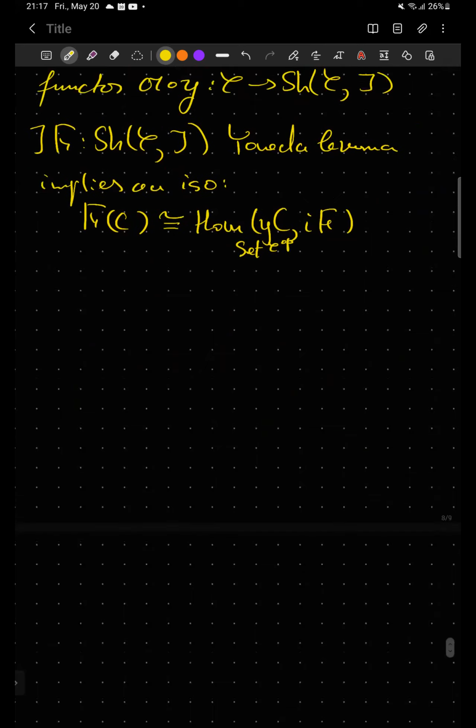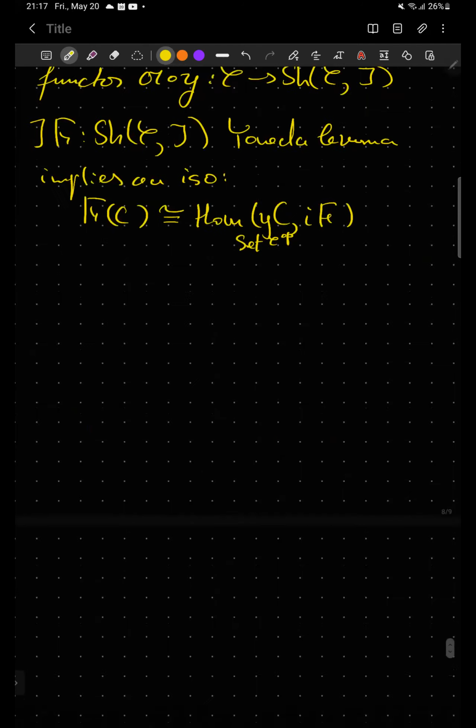And adjointness from the theorem on sheafification gives us the following isomorphism.